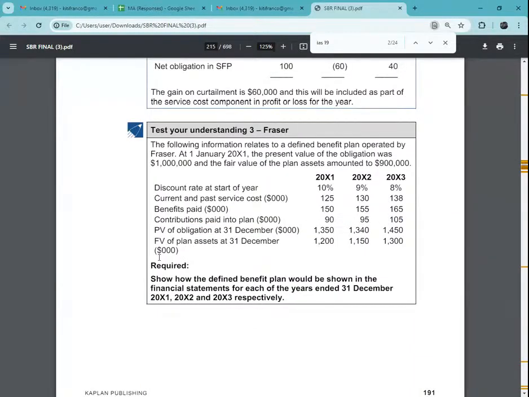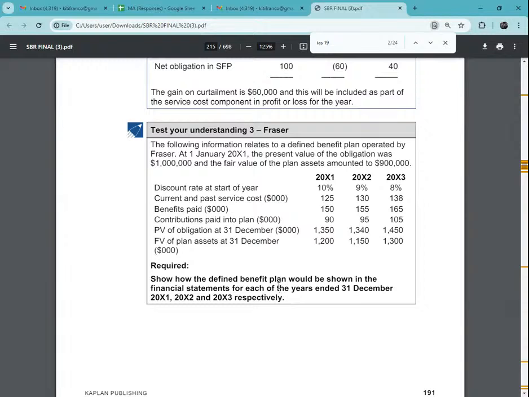So the following information relates to a defined benefit plan operated by Fraser. At 1st January X1, the present value of the obligation was $1 million and the fair value of the plan asset was 900,000. So they want us to show how the defined benefit plan will be shown in the financial statements.